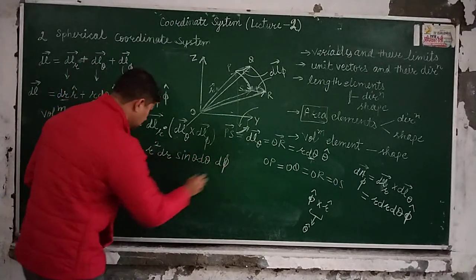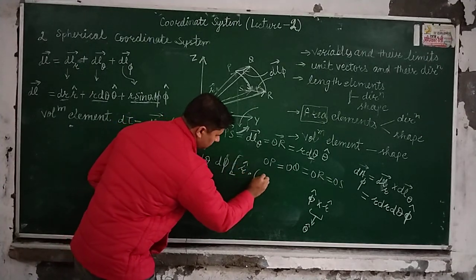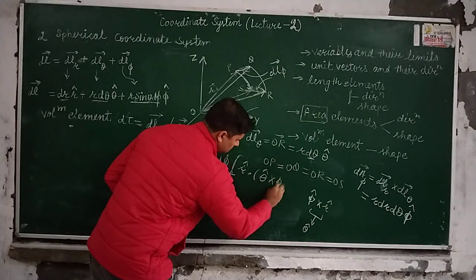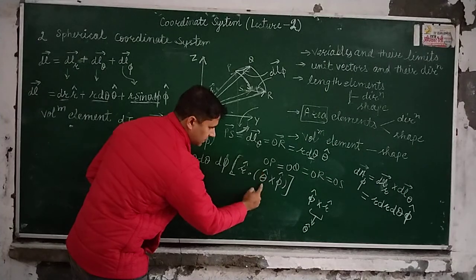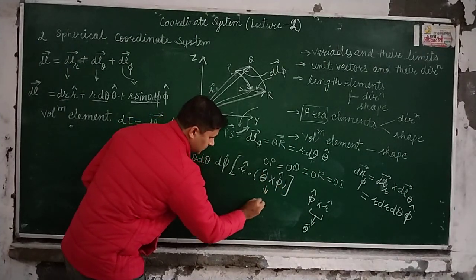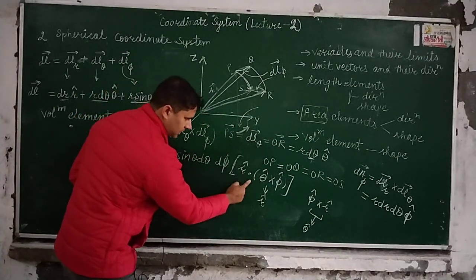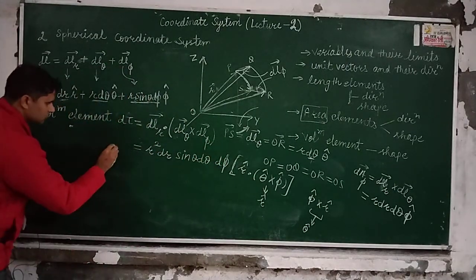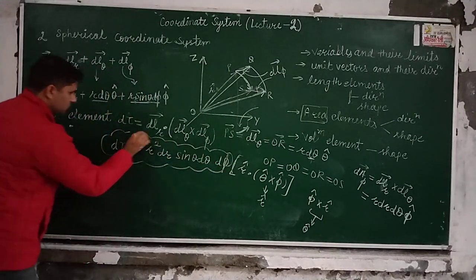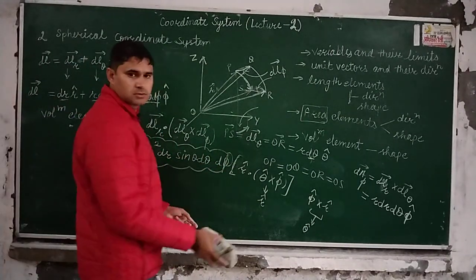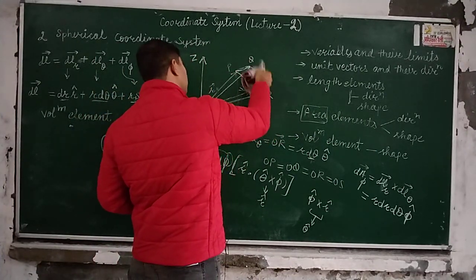If we take the scalar triple product of r cap with theta cap cross phi cap, then from the right handed coordinate system theta cap cross phi cap gives r cap, and the dot product of r cap with r cap will be unity. So the volume element in the spherical coordinate system will be equal to this quantity. So class, here we will make a volume element.